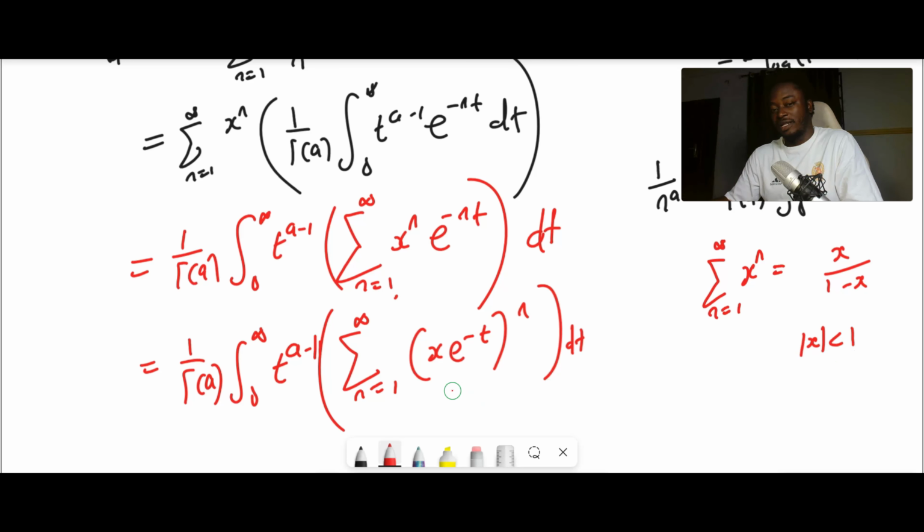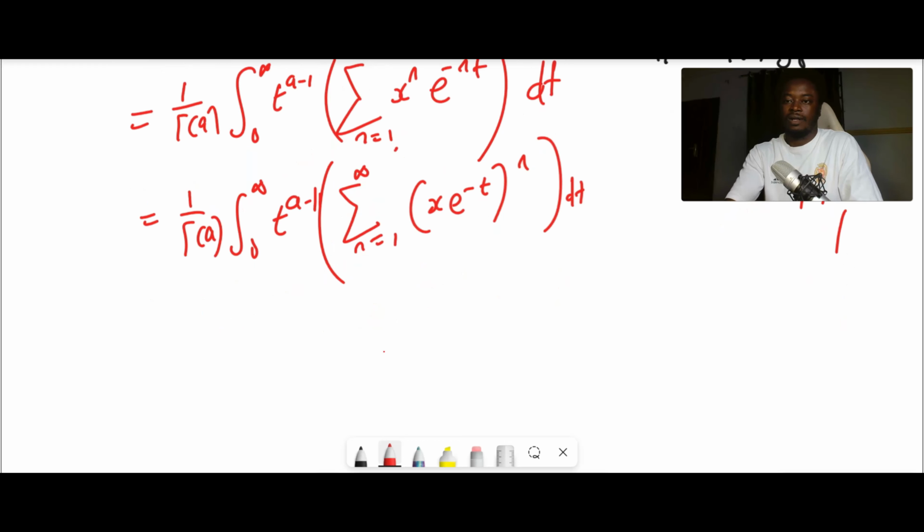And this obviously is strictly less than 1 because of the factor of e to the negative t involved here. So we're going to move further, and next we're going to write this as 1 over gamma of a times the integral from 0 to infinity of t to the a minus 1.